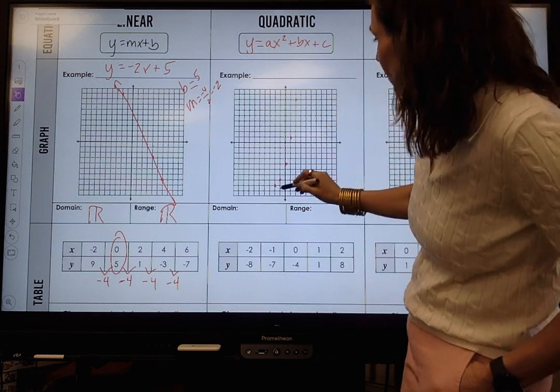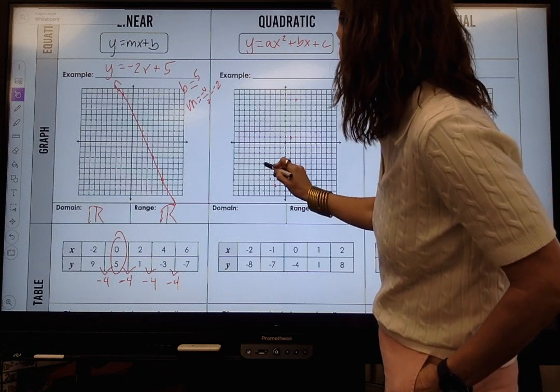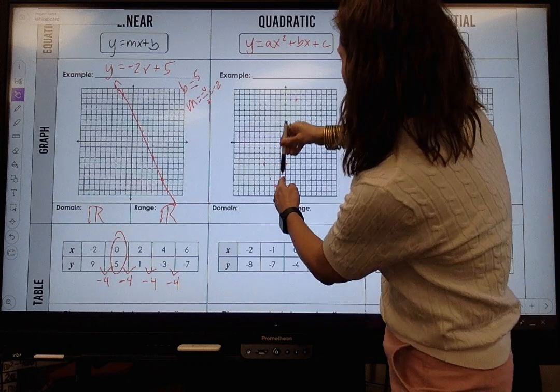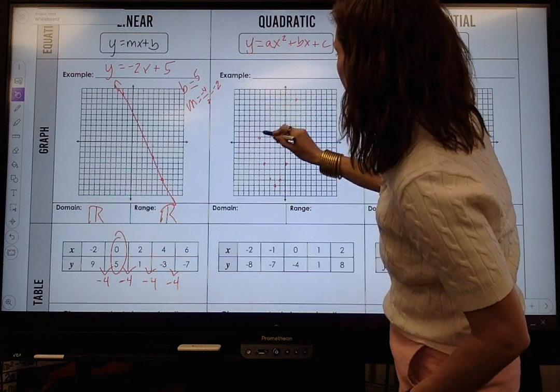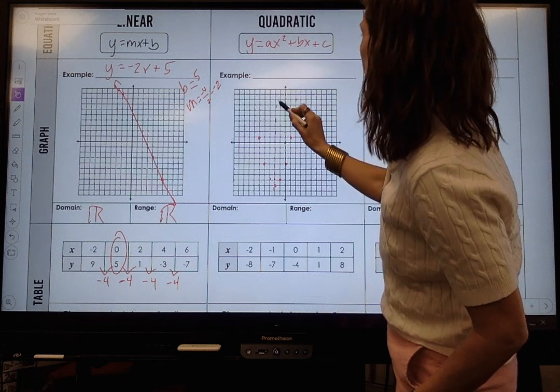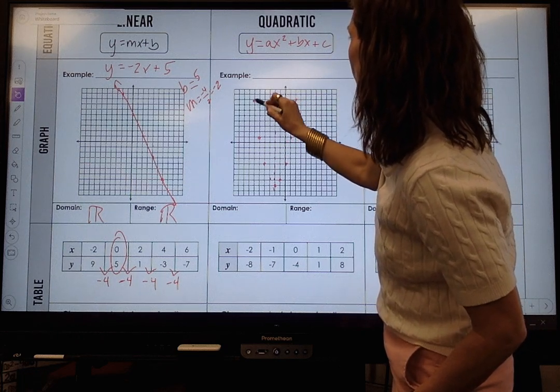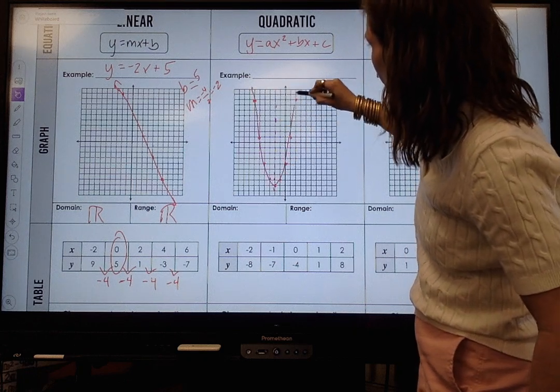Okay, and now because it's quadratic, I'm going to remember that axis of symmetry that we did earlier this year. So if I had an axis of symmetry right here, then I can just go over 4 units there, and this is what my parabola looks like.